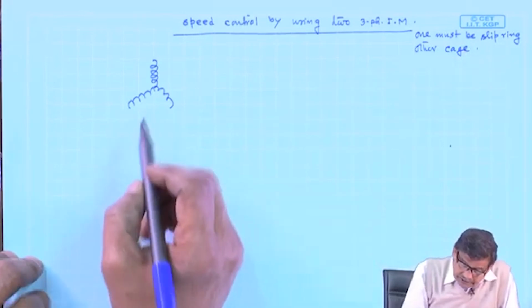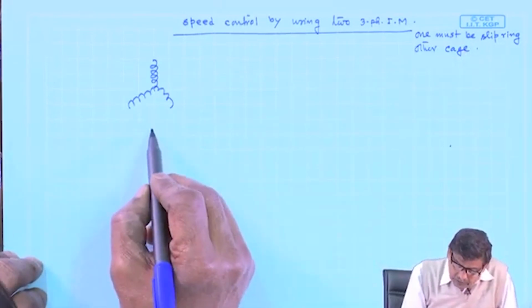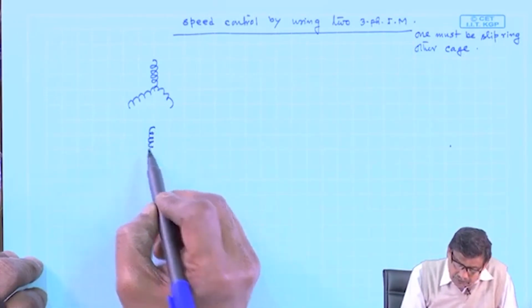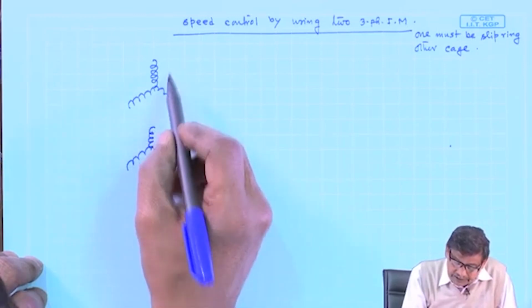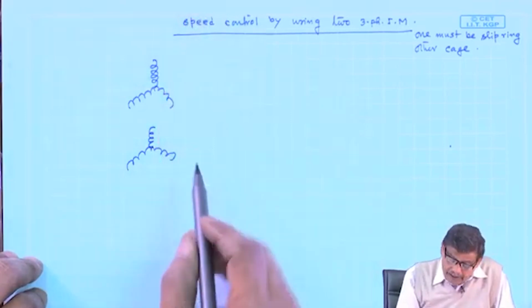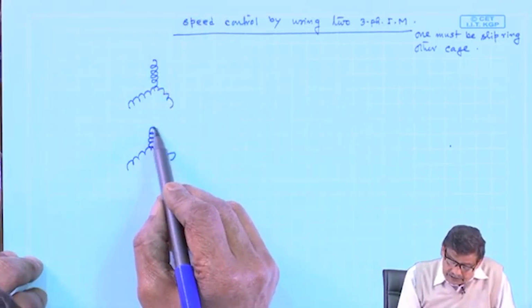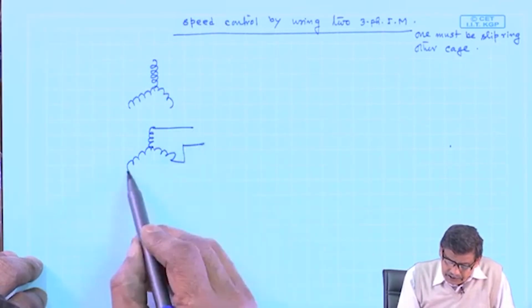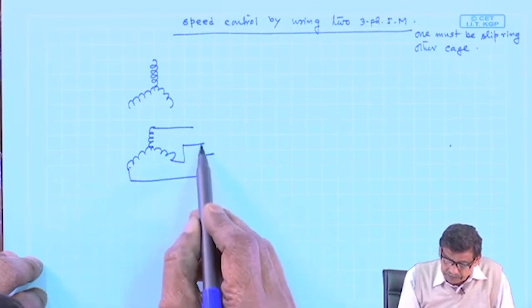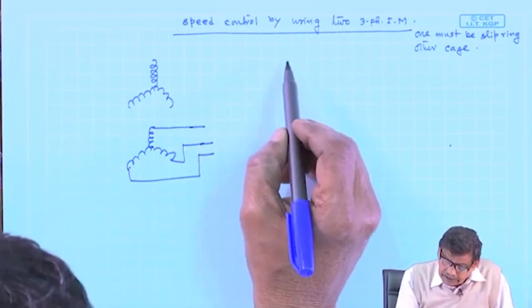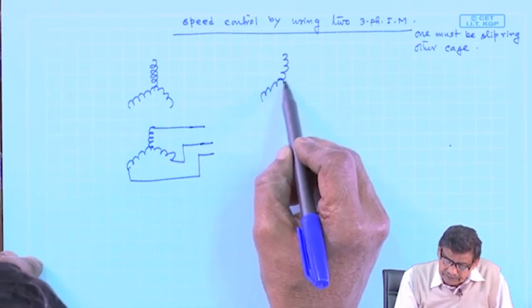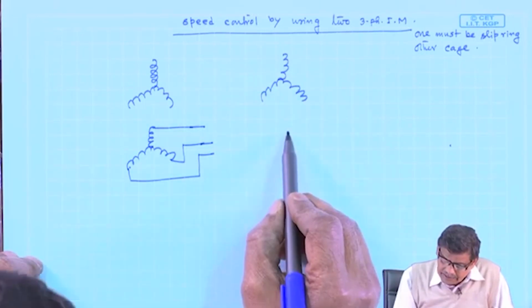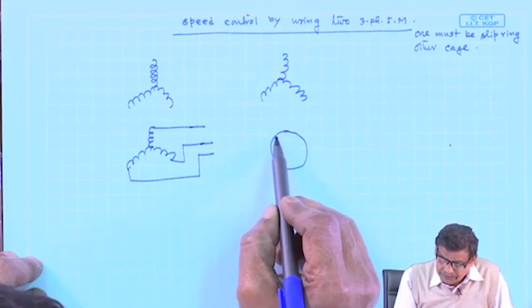What is done is this: this is one motor, this is another motor. This is the stator and rotor of the first motor, and these are the terminals. I am not drawing the slip ring and brush arrangement. And you have another induction motor, say like this, and suppose this is a cage induction motor.